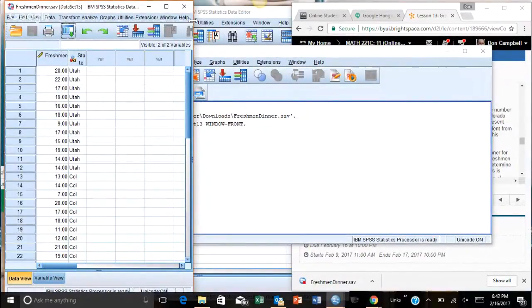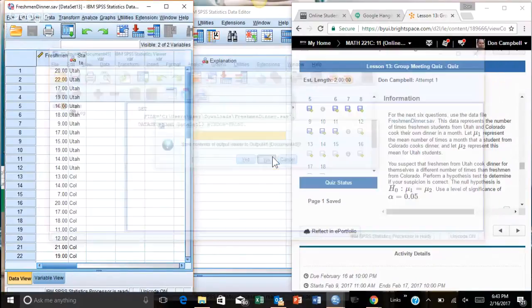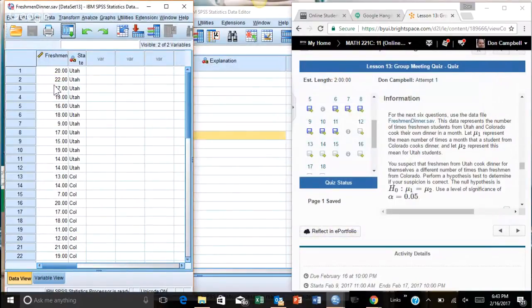Can you see my chart over here, the data? Yeah. So mu1 equals Colorado cooks, and mu2 equals Utah cooks.